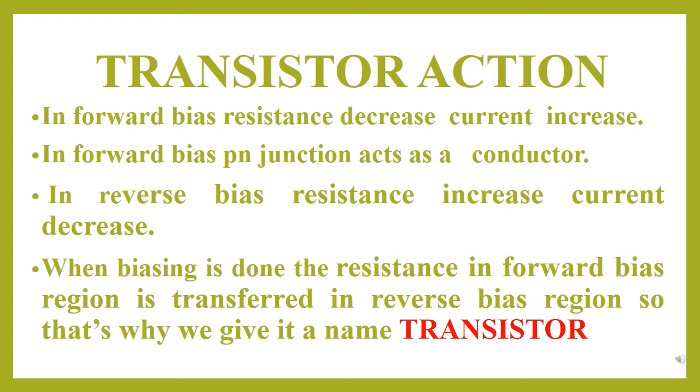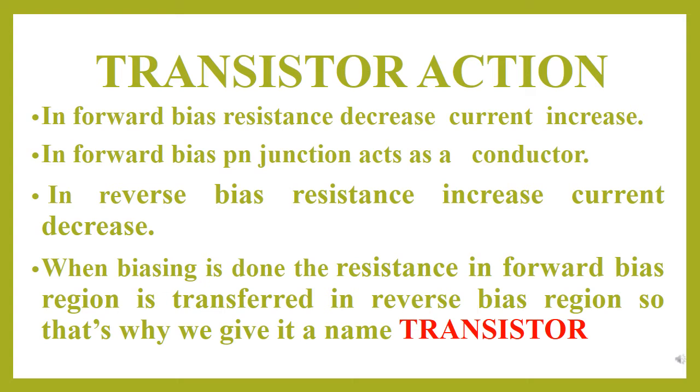The resistance in the forward bias region is transferred to the reverse bias region. Now what action has taken place? The answer is there is a transfer of resistance, so that's why we give it the name transistor. When biasing is done, there is a transfer of resistance. This is transistor action.